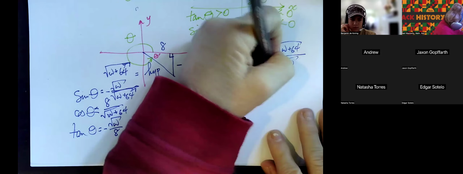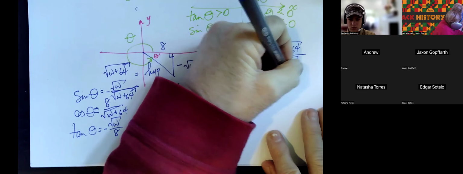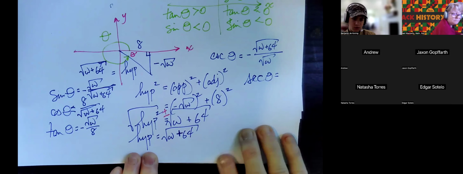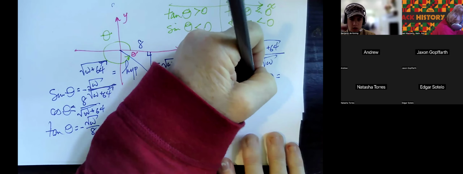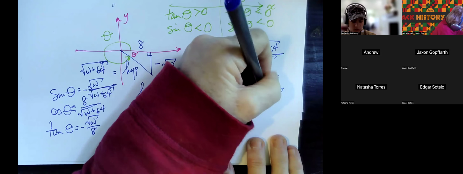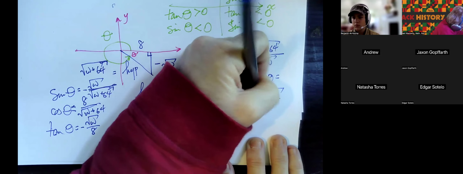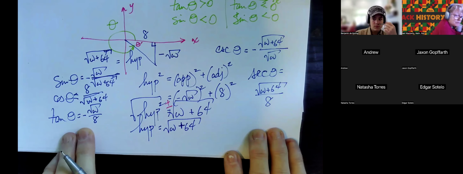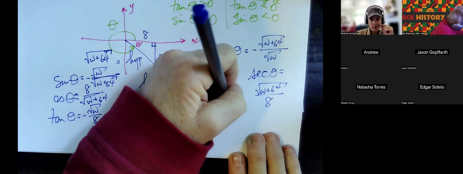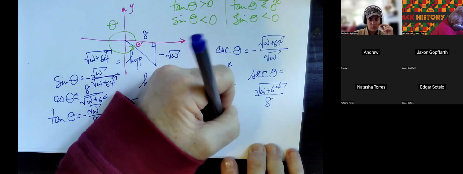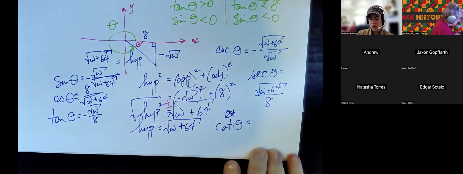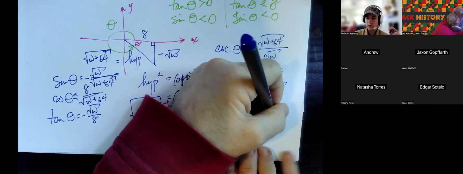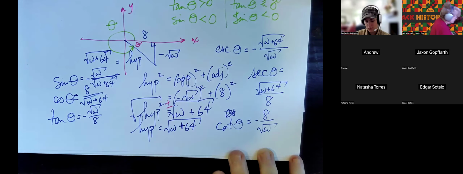And that means that the secant of theta will be square root of w plus 64 over 8. We were given that the tangent is negative square root of w over 8, which means that the cotangent will be negative 8 over the square root of w.